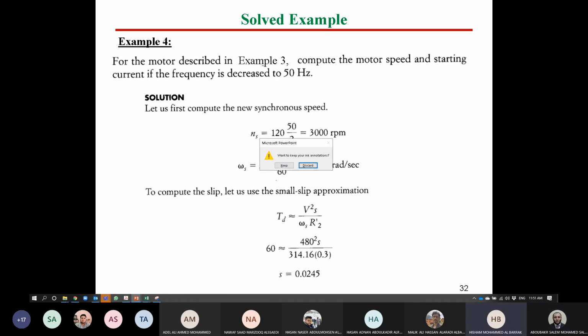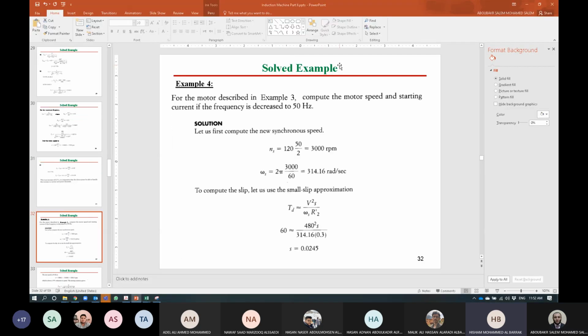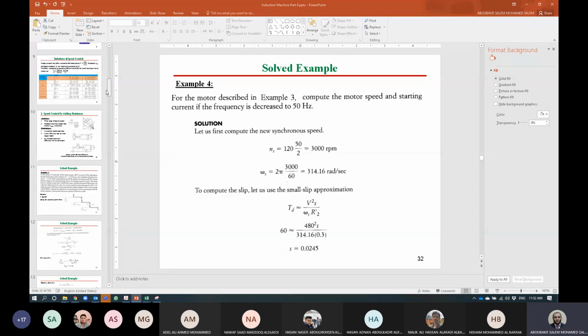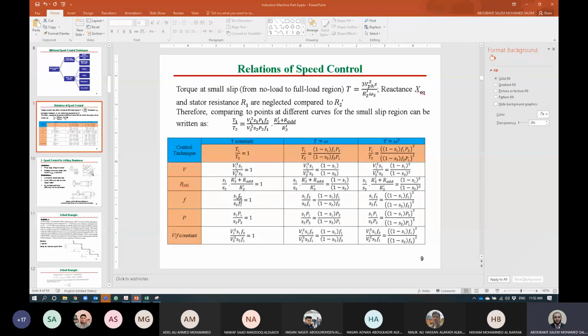Sorry, doctor. This is in the case of the constant load or constant torque. Yes. But if we have a different load characteristic, you should apply the characteristics or the table we have used previously. We used a table here, this table.